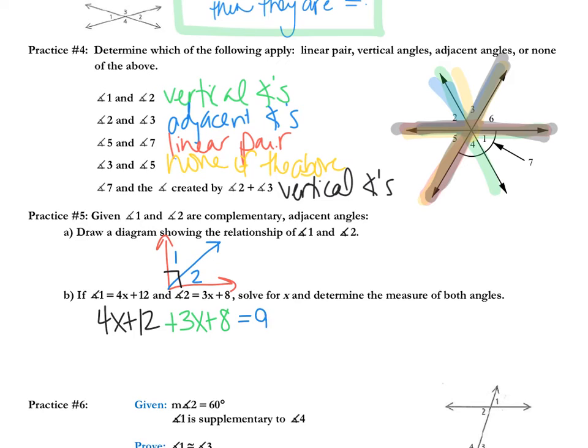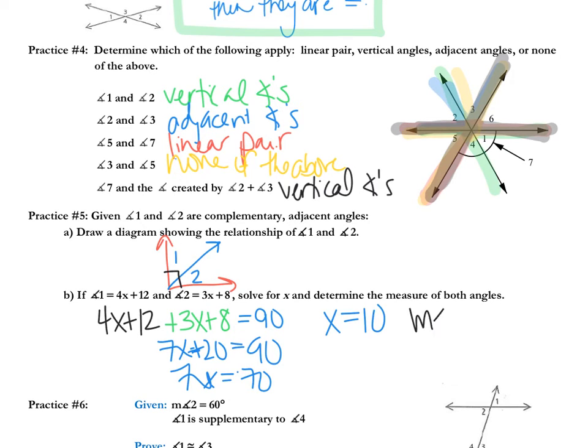Well, since they're complementary, they add up to 90 degrees. So we get 7x plus 20 equals 90. 7x equals 70. So x equals 10. Then we have to find the measure of each angle.